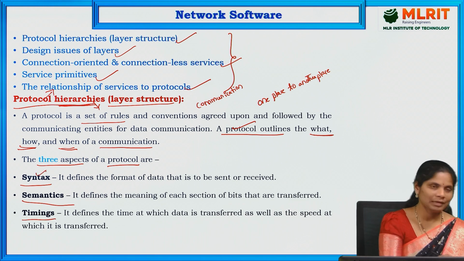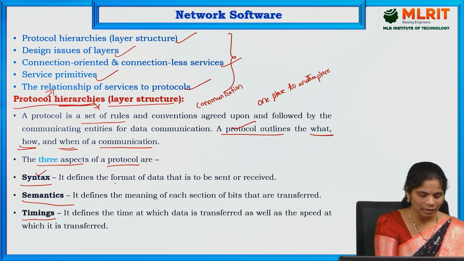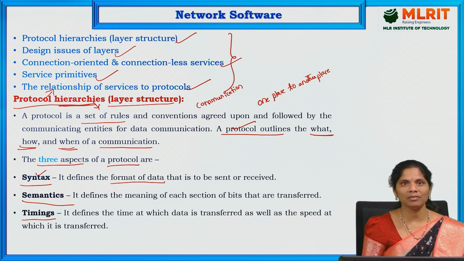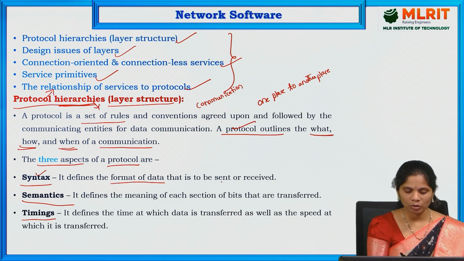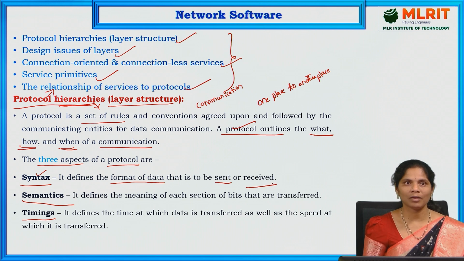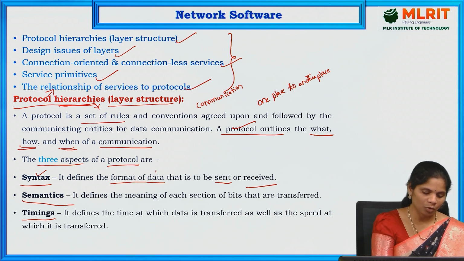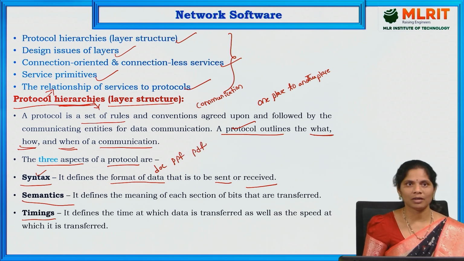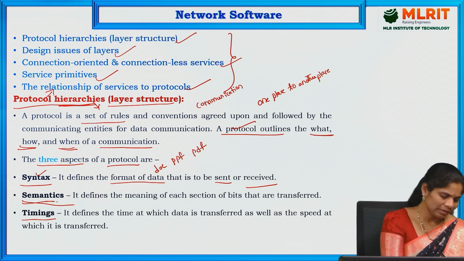First, what is syntax? Syntax is the format of the data, that is, in which format the data is going to be sent and received. That may be a document file, a PPT, a PDF, anything that describes the format of the data. Next is semantics.